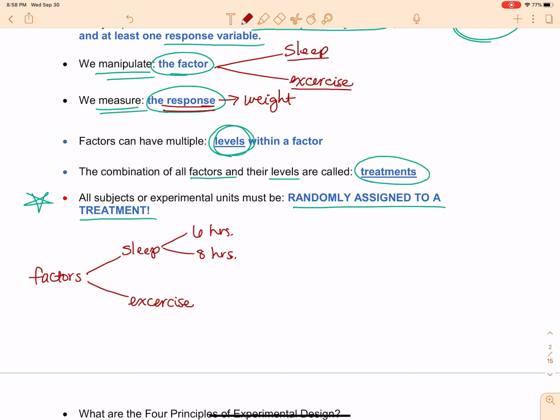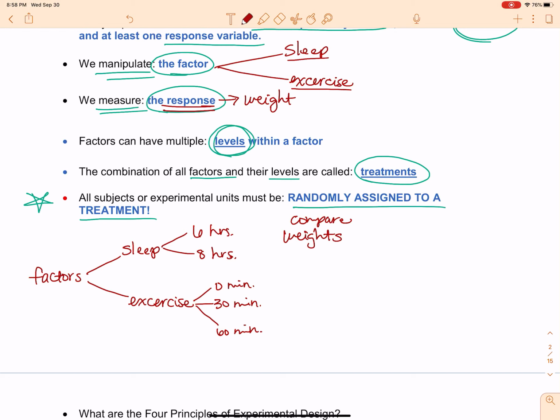And I'm just making this up, okay? Don't have a freak out attack. For exercise, I'm going to randomly assign 0 minutes, 30 minutes, or 60 minutes. Then at the end of my experiment, I am going to compare the weights of all these people. That's pretty much the breakdown of an experiment.